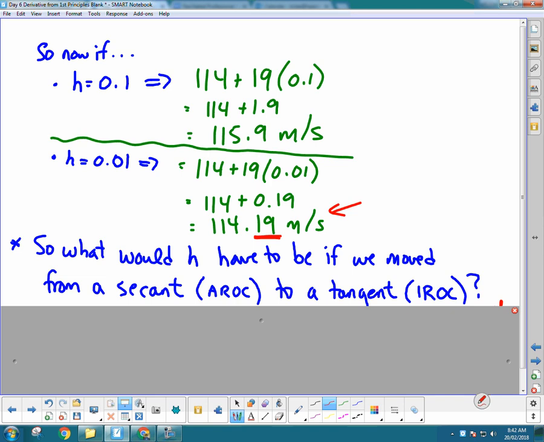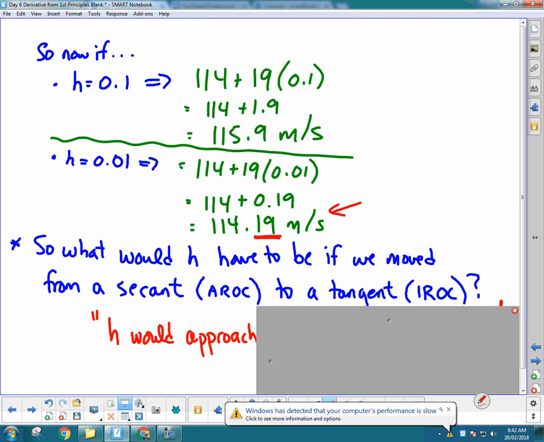Remember that what we're actually finding is a tiny little secant. That's right, Tim. So we would need the secant distance to be 0, right? We would keep shrinking h into smaller and smaller and closer to 0, to the point that it would kind of be right next to 0. In fact, we would love it to be equal to 0.